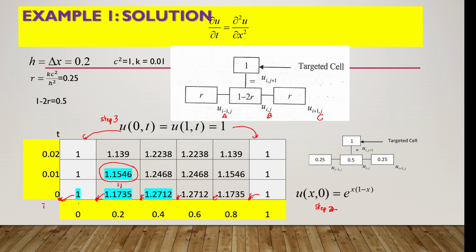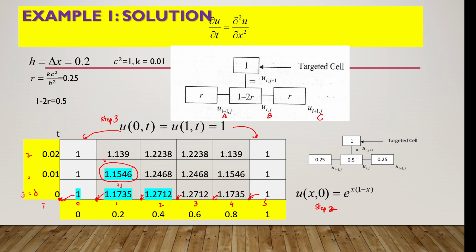If I discretize, X using I is 0, 1, 2, 3, 4, 5. T using J is 0, 1, 2. This cell is actually the Uij.